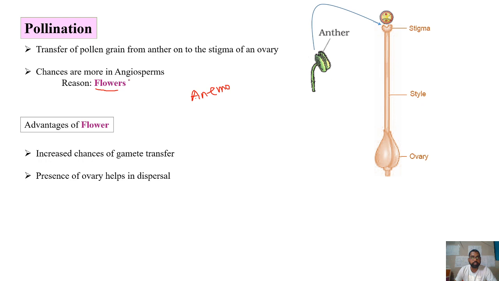But in the case of angiosperms, anemophily is there, but the majority of angiospermic plants will be pollinated through entomophily, that is, the insects can help in the transport. Apart from that, there is ornithophily, and chiropterophily. So different types of pollination are there.